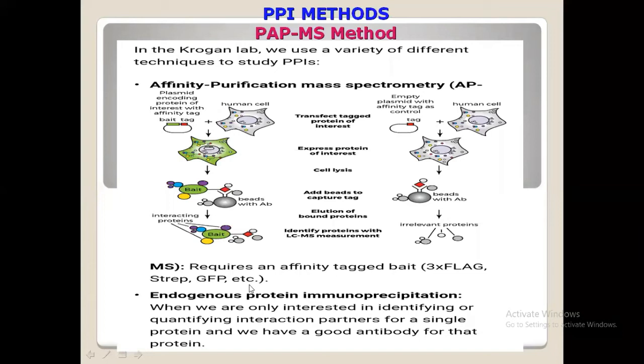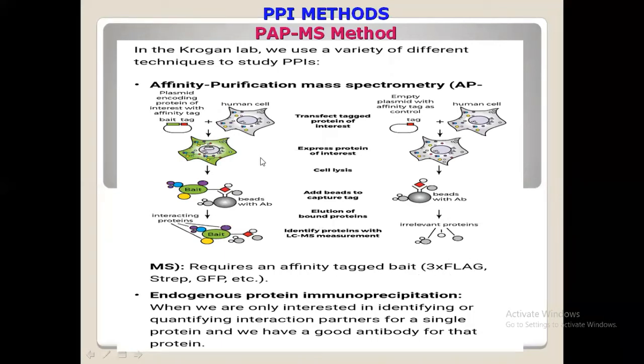This method requires an affinity-tagged bait protein, such as FLAG, Strep, or GFP. This is the bait protein which is used here.